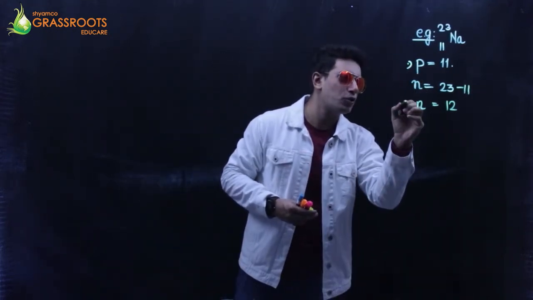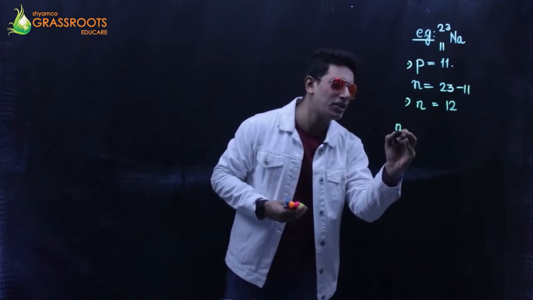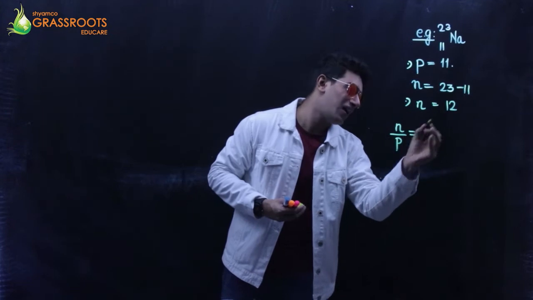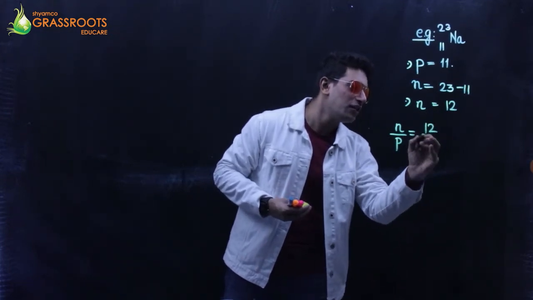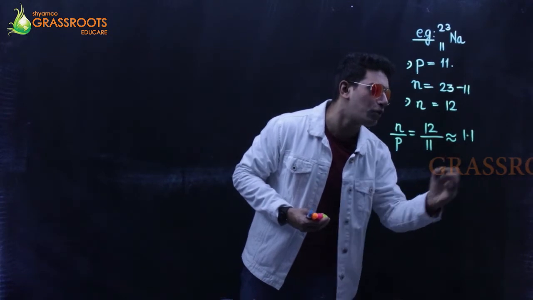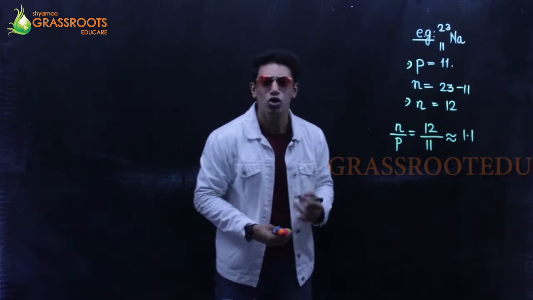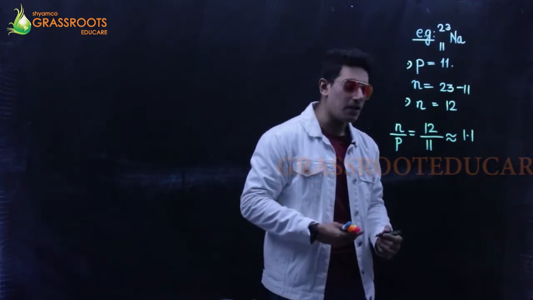Alright, so we have protons, we have neutrons. If I talk about the ratio, the NP ratio, N is to P, I just substitute: 12 upon 11, approximately 1.1. Isn't this answer close to 1? Of course.